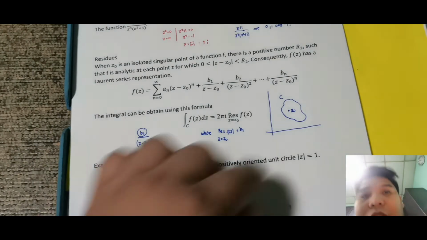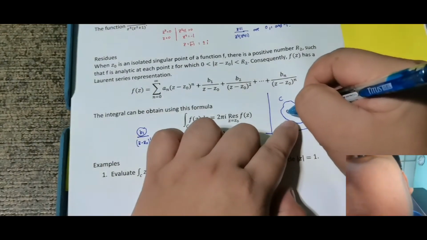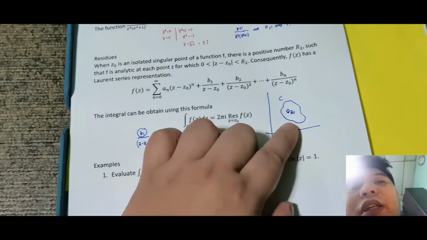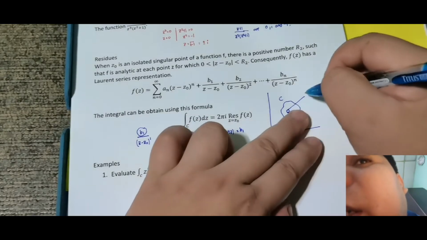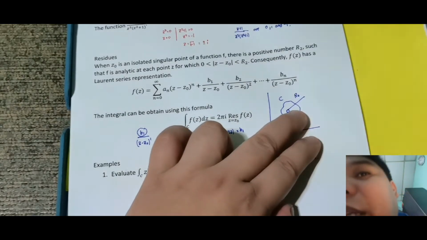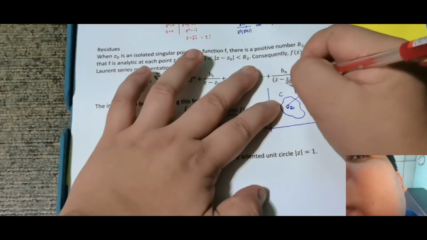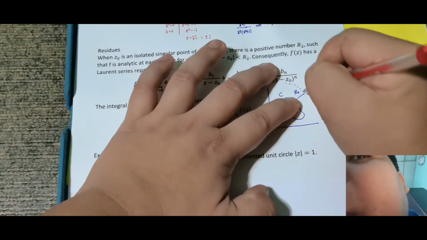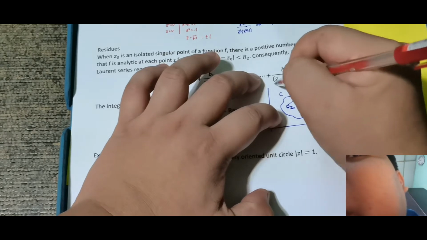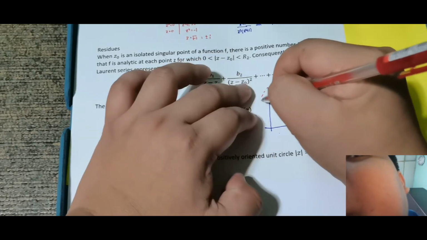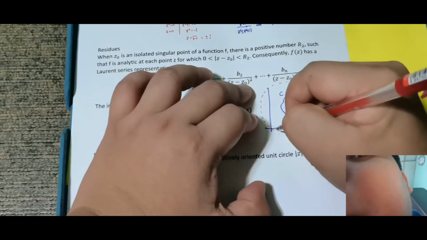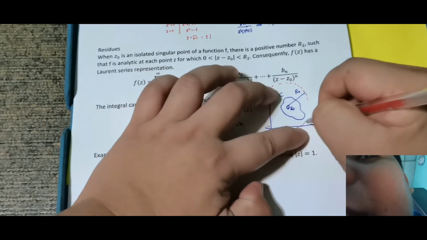Suppose yun yung contour, since isolated si z naught, pag isolated, singular point siya, so bilog lang siya. Then meron ditong r naught. So aware tayo na yung z naught na yan is pwede natin i-form as may radius of convergence. So ibig sabihin ipo-form natin siya as power series.